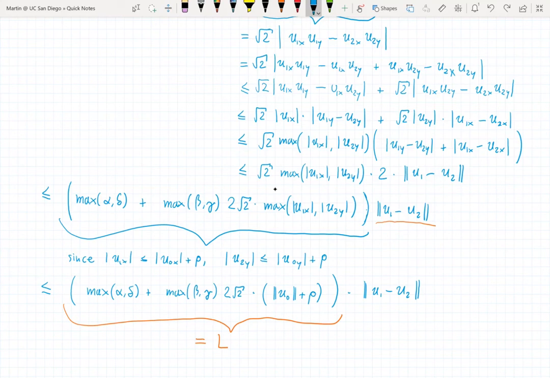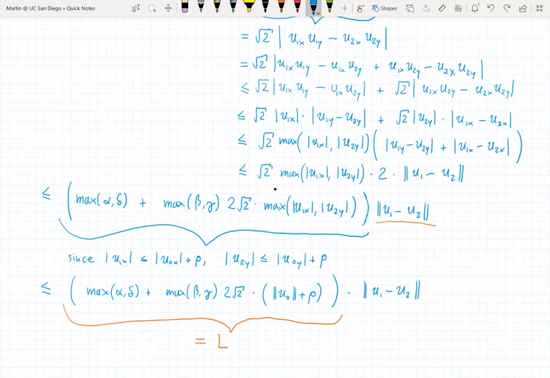All that together gives me a constant L. And this eventually shows the inequality that I need for the Picard-Lindelöf theorem. So the important thing is that this constant L here does not depend on the time from the interval t0 up to t1.